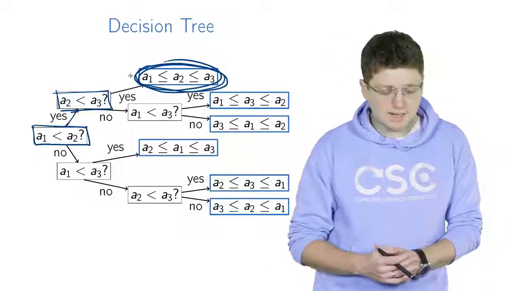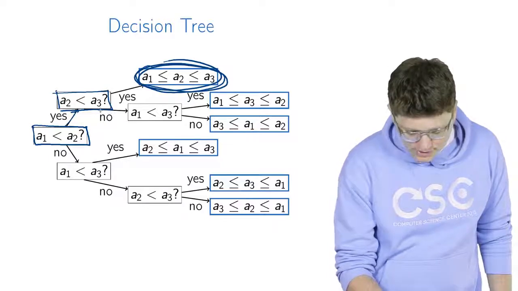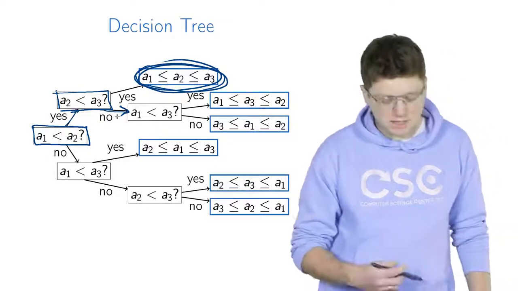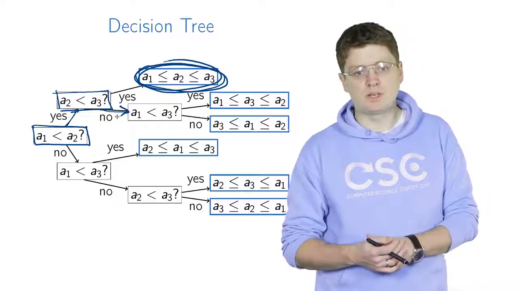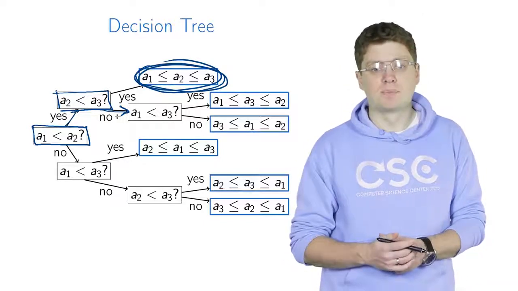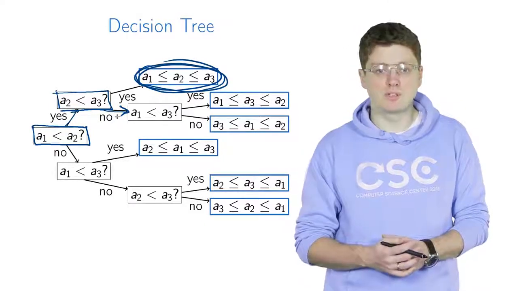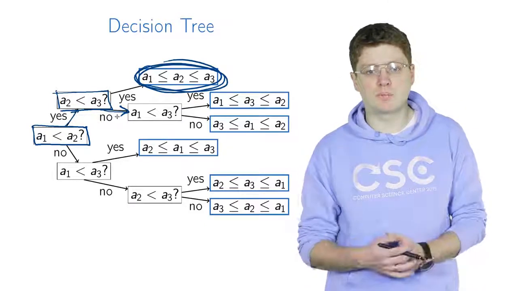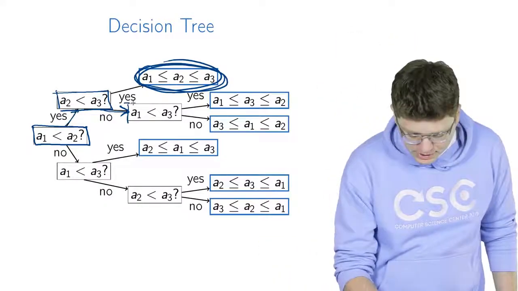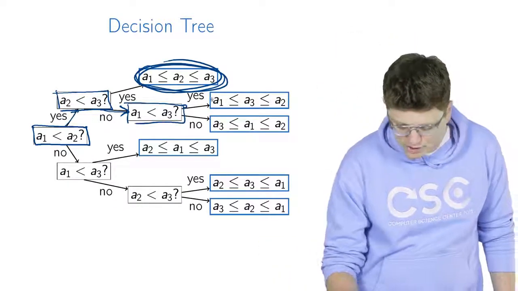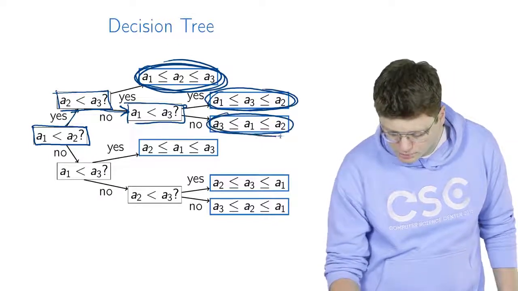If, on the other hand, A2 happened to be at least A3, then at this point we only know that A2 is greater than A1 and A2 is no smaller than A3. So at this point we know that A2 is the maximal element among our three elements. However, we still need to compare A1 and A3. So we do this comparison, and based on its result we output either this permutation or this permutation.